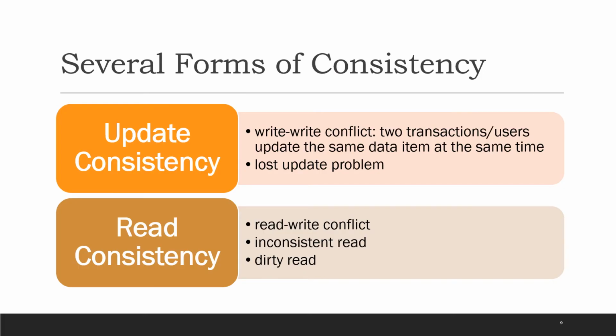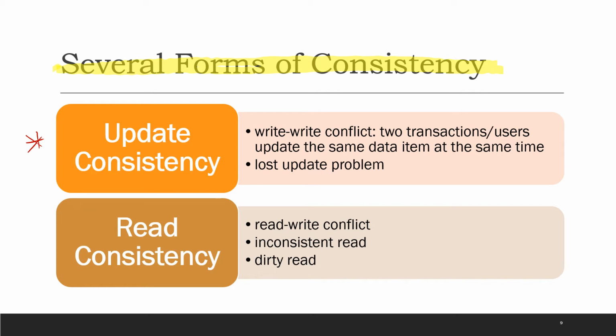When we talk about the term consistency, there are actually several forms of consistency to discuss. The important one first is update consistency. Think about two transactions trying to update the same piece of data at the same time. Do you think it will be a conflict? Yes, definitely.